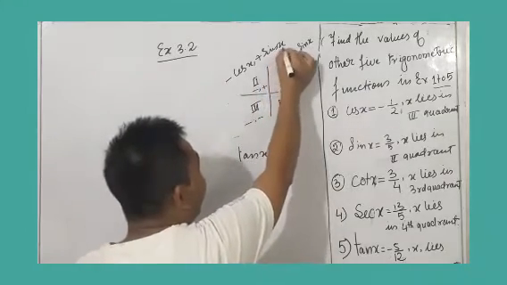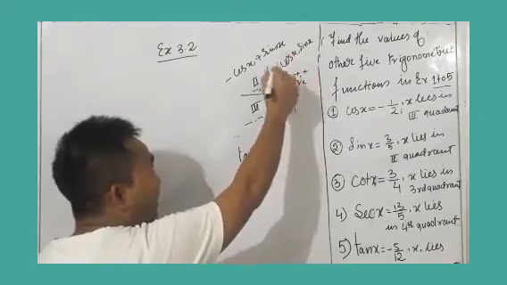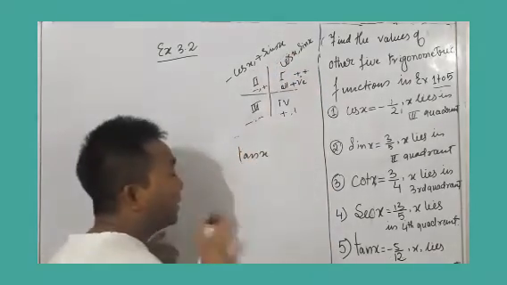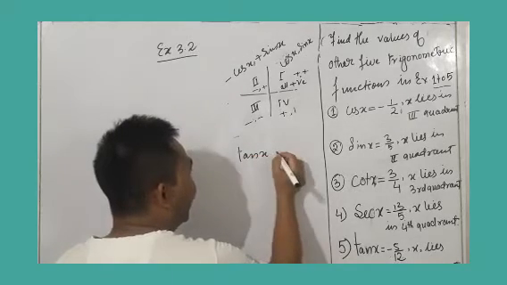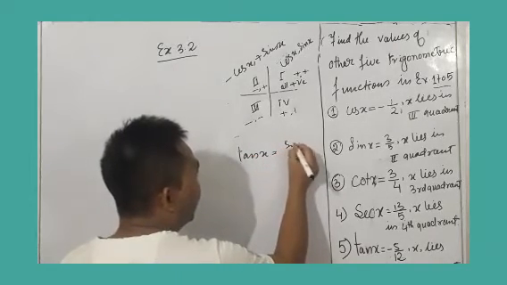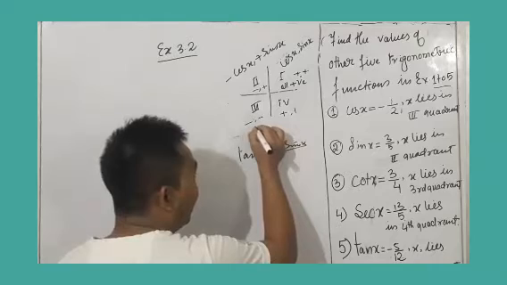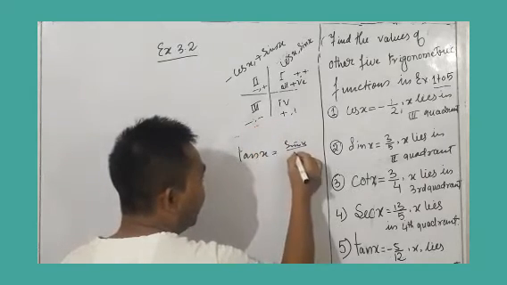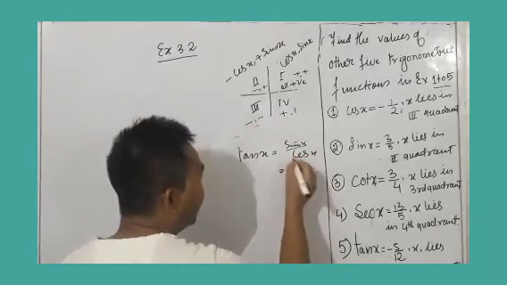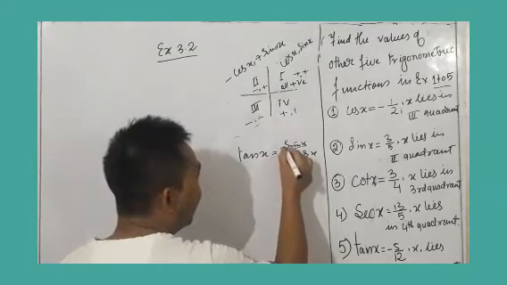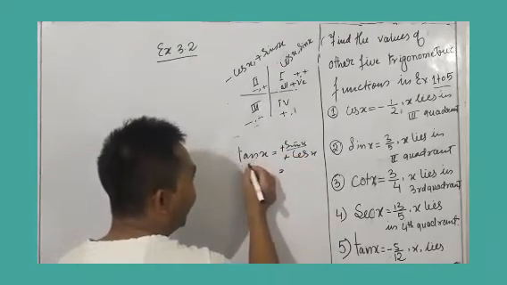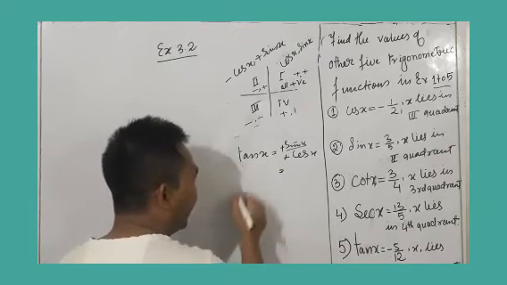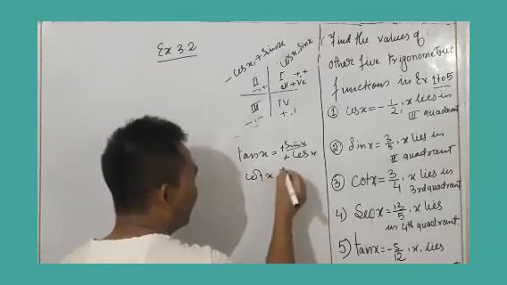Only here sin x and cosec x are positive, and the rest of them are negative. As we know, tan x equals sin x by cos x. If we put accordingly, it will be minus and minus, so minus cancels and tan x will be positive.